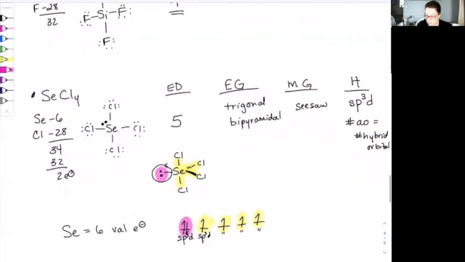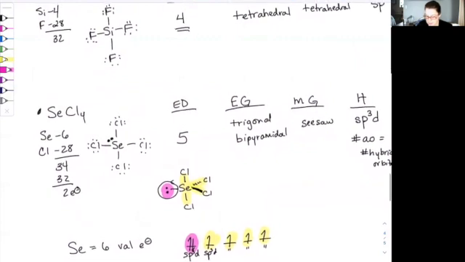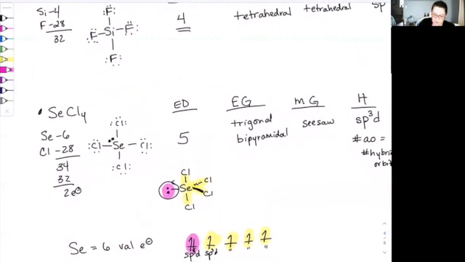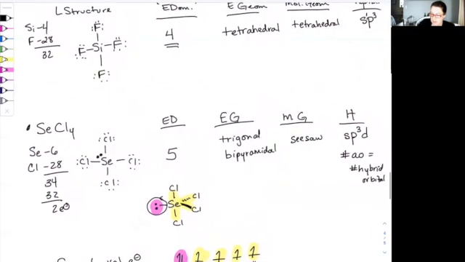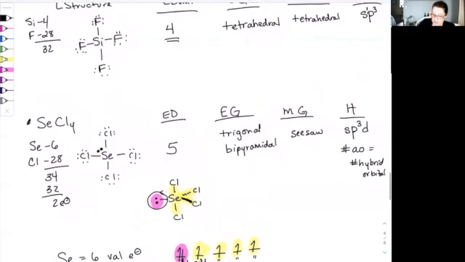We could do the same thing for silicon up above. Silicon has 4 things attached to it, which made it sp3 hybridized. So we have 4 sp3 hybridized lobes, sp3, sp3, sp3, sp3. It has 4 valence electrons.